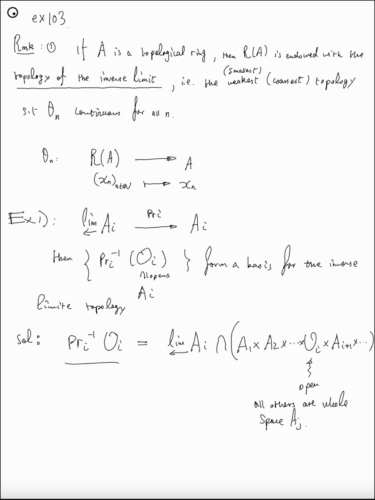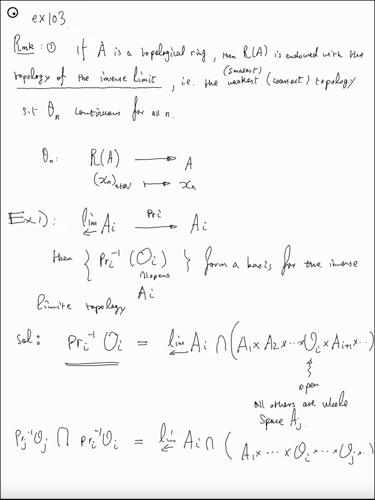And then by taking intersections of those, for example this p_j inverse O_j, you get the induced topology from the product topology. You have O_i, and then all the others are the same, and then in some term you have O_j.